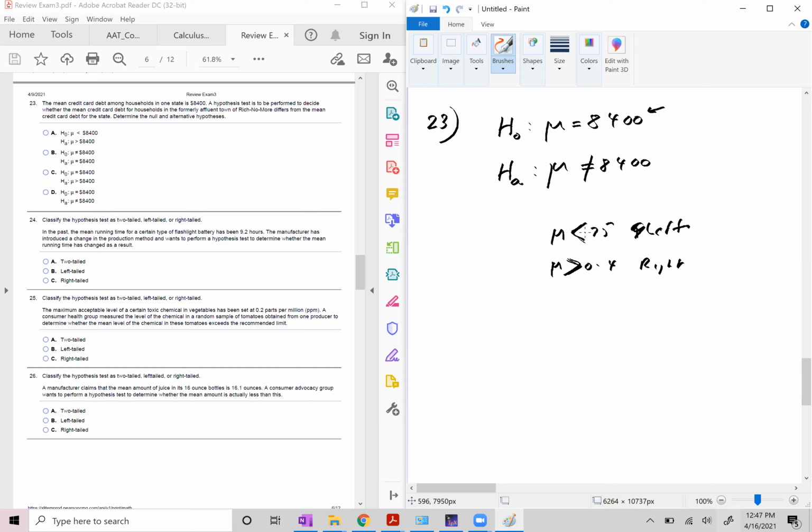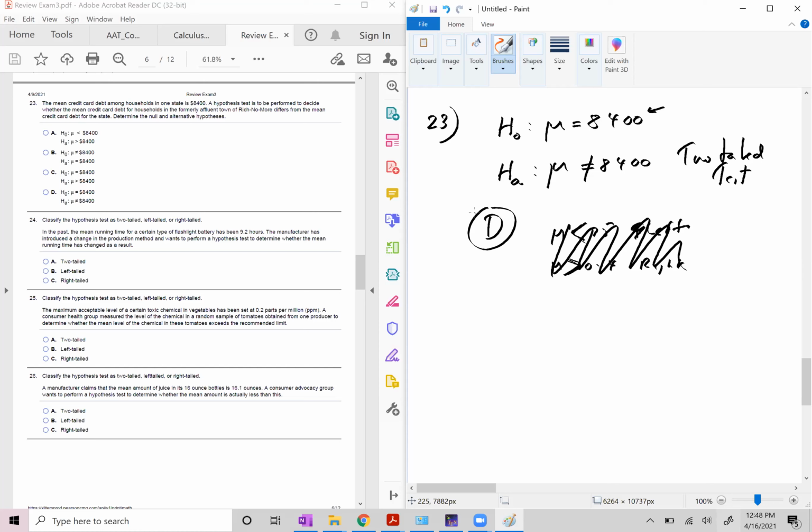So the alternative should be mu not equal to some value. The value is 8,400. So this is a two-tailed test. At this point I can give you the answer, but let me further explain why this is two-tailed. So 23's answer is going to be D.